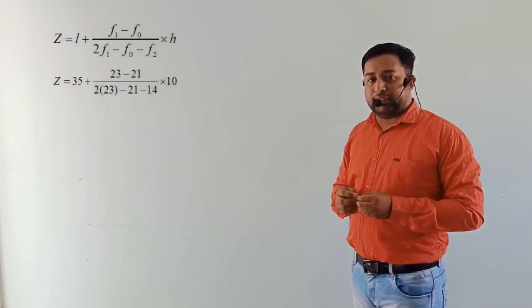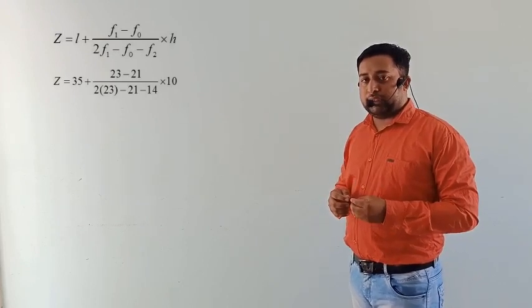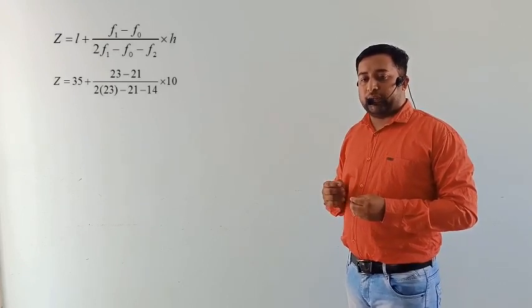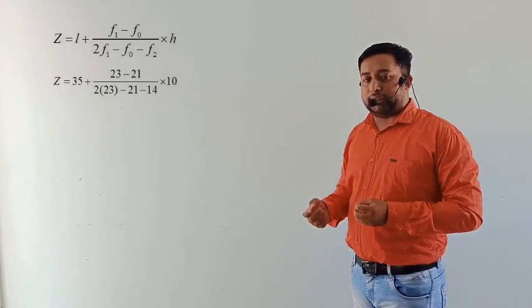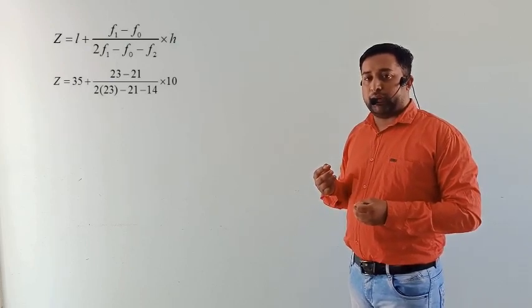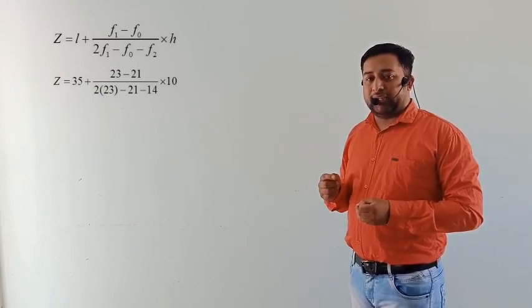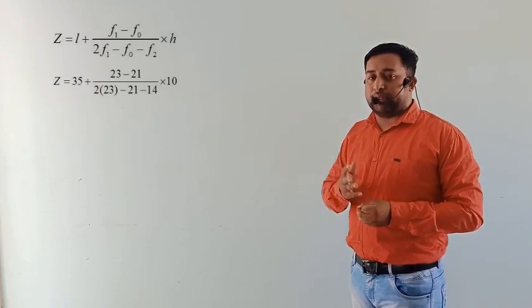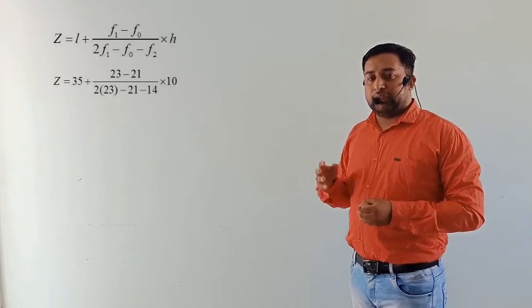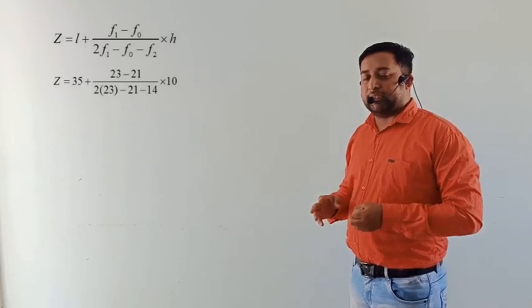Our L is 35, f1 is 23, f0 is 21. In the denominator, 2 into 23 minus f0 21 minus f2 14, into h, our class length. Upper limit minus lower limit: 15 minus 5 is 10, 25 minus 15 is 10, 35 minus 25 is 10. So our h is 10.